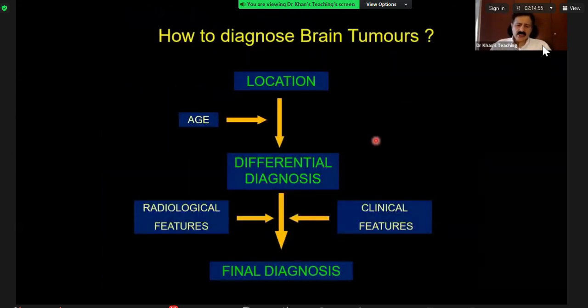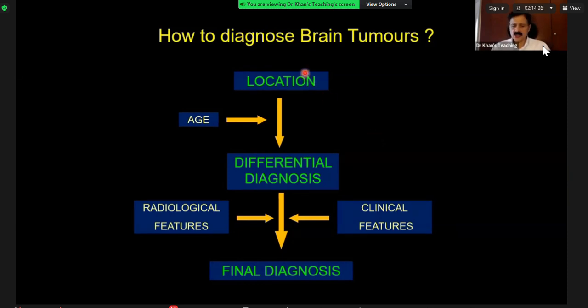Now, in this session, in the next 2 hours or so, we will just cover differential diagnosis of tumors. And the key thing in tumor is location. So in your book, there are differential diagnoses. If there is a tumor in the sella, we call it sellar tumors, suprasellar, infundibular, cavernous sinus, CP angle, things like that, posterior fossa.